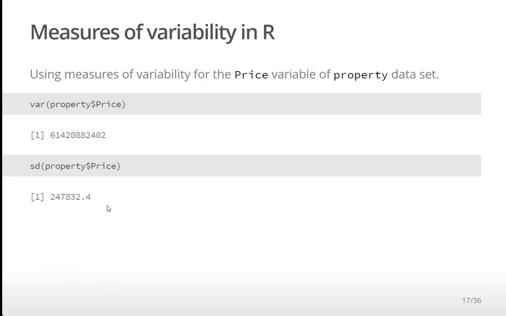So if we have two different data sets for the real estate, and the variance and the standard deviation for one of them is 247, and let's say for the other data set is 547, it shows there is more variation in the price of the houses in the second data set. So higher variance and higher standard deviation identify higher variability in the data set.